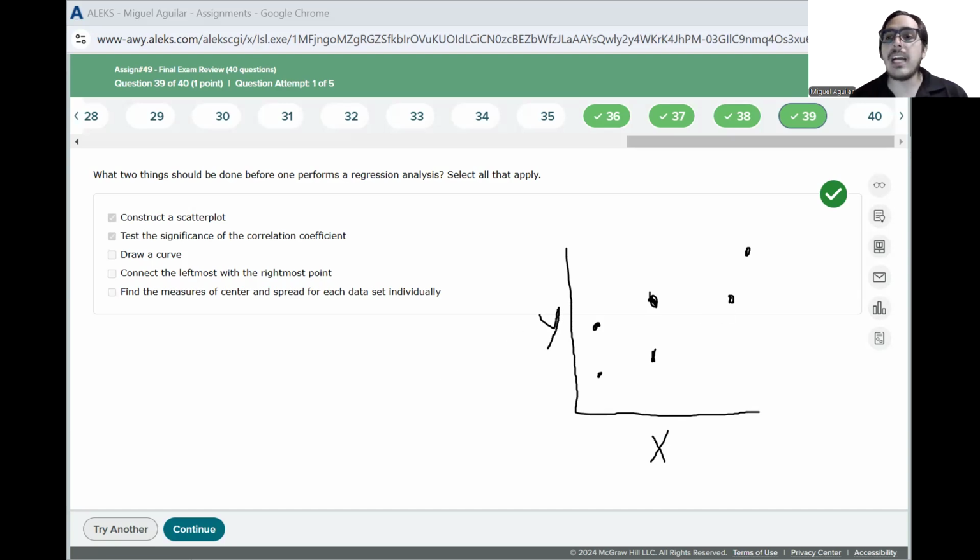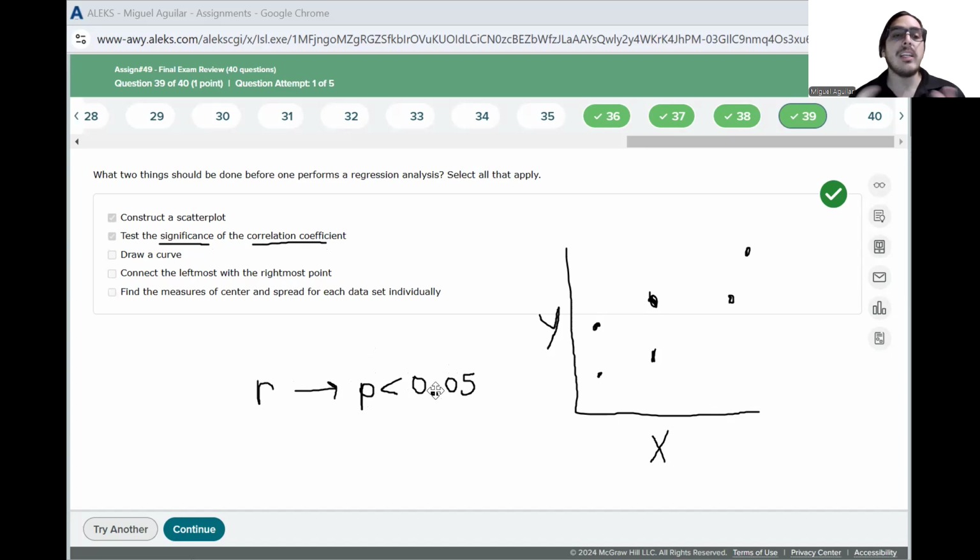But then when we actually throw that data into the calculator, we're going to get an estimate for R, the correlation coefficient, okay? And that estimate is going to be some value that's going to be associated with a p-value, okay? The p-value tests the significance of that correlation coefficient. So if that p-value is less than 0.05, then that means we have a significant correlation between the two variables.